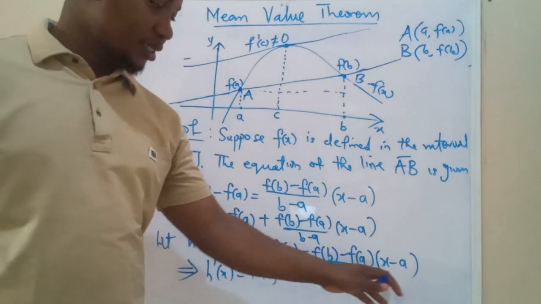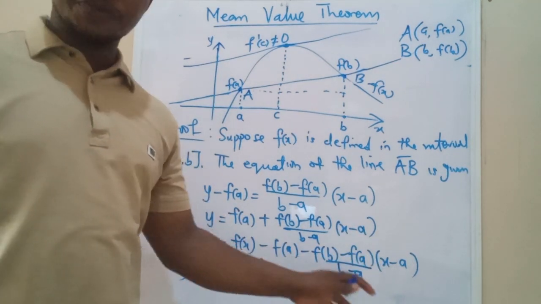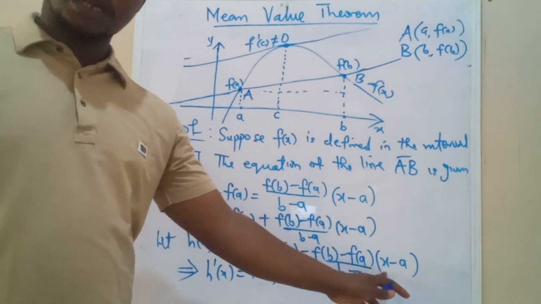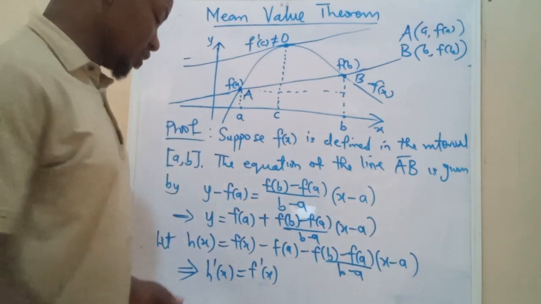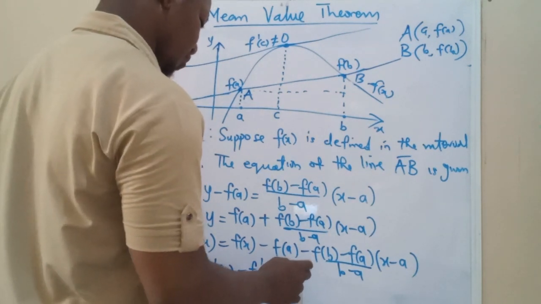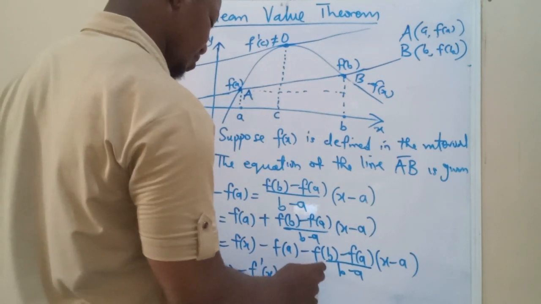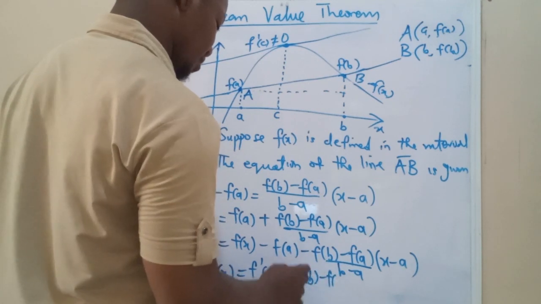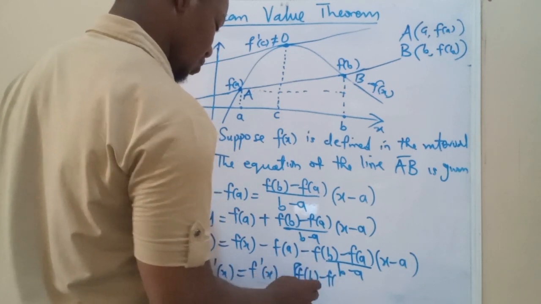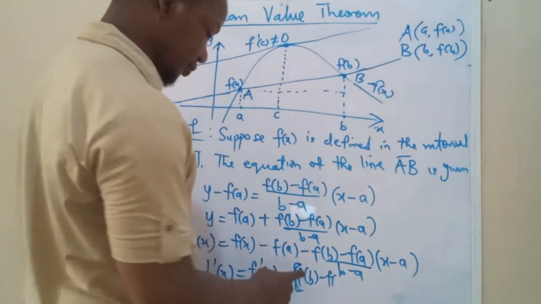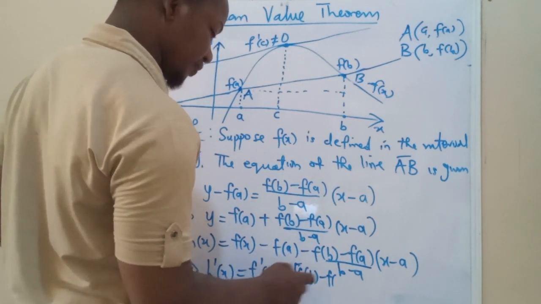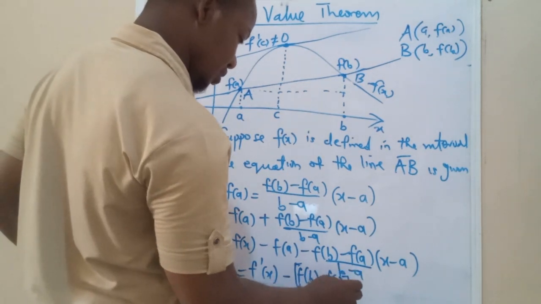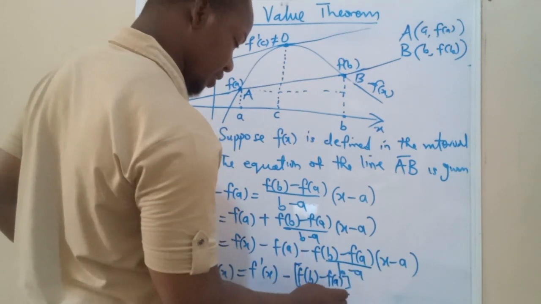If we open the bracket here and differentiate with respect to x, this x here will be 1, while this will be 0. So 1 multiplied by this will be minus f of b minus f of a, we give this a bigger bracket because of the negative there, and this will be over b minus a.